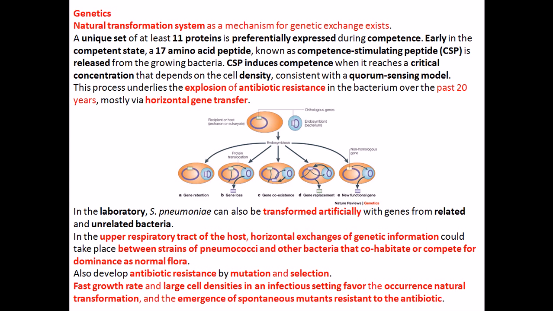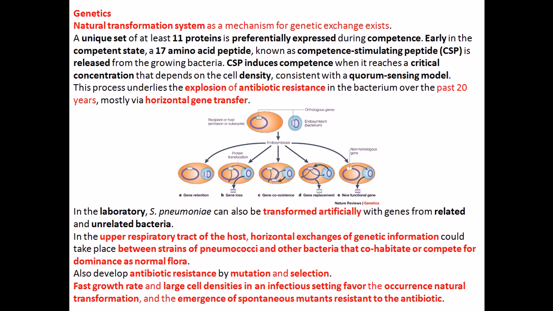And finally, the process underlies the explosion of antibiotic resistance for the past 20 years via horizontal gene transfer. That means via the normal modes of conjugation, transformation, and transduction. Now it is found that Streptococcus pneumoniae can also be transformed artificially, even with unrelated bacteria.